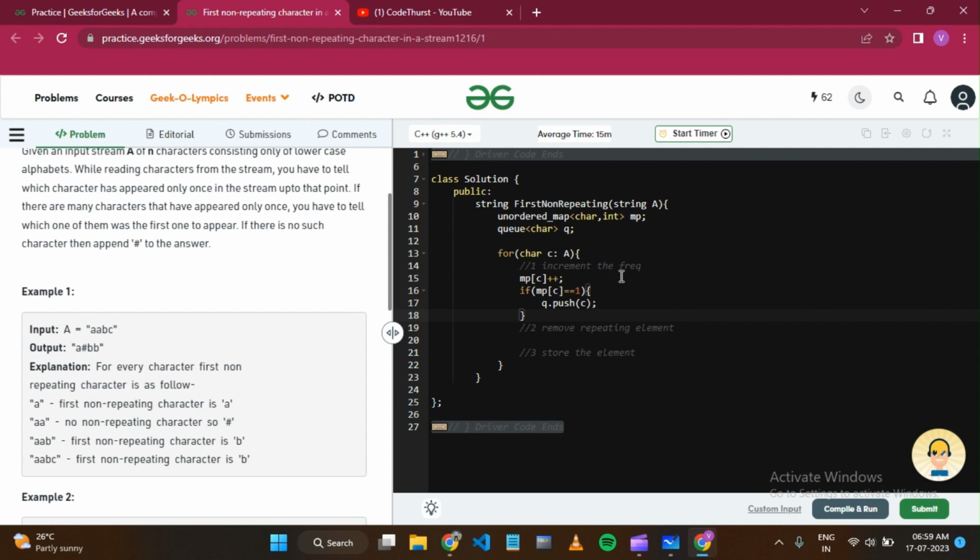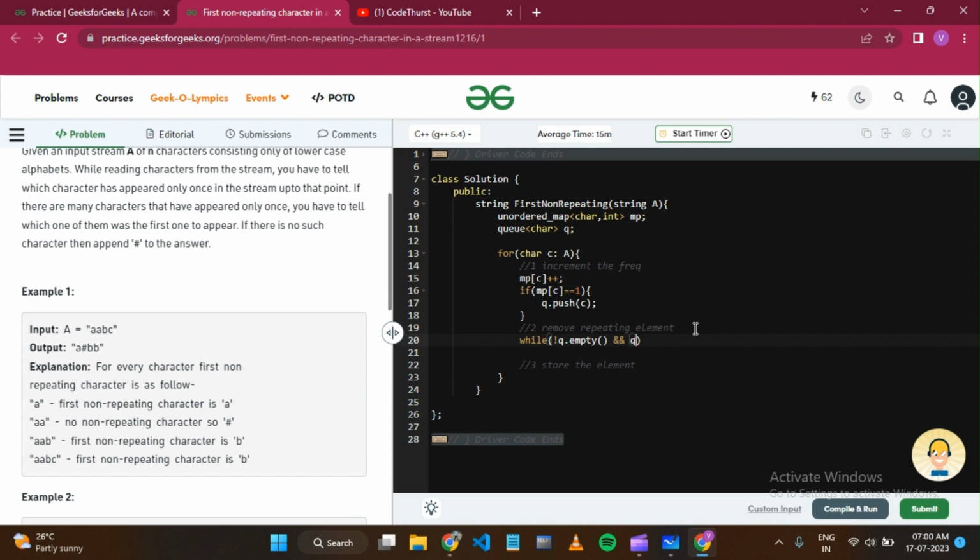What was the second step? The second step was: if the queue contains repeating elements, while not q dot empty. This loop will run while the queue is not empty, because after the queue is empty, we cannot pop elements.